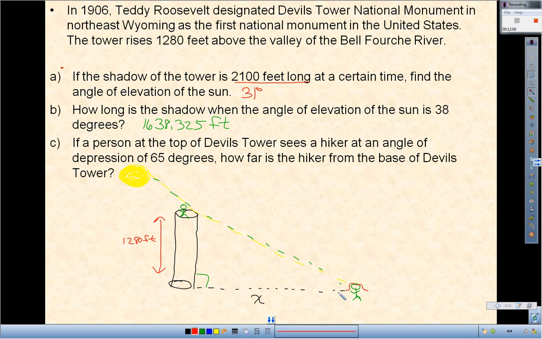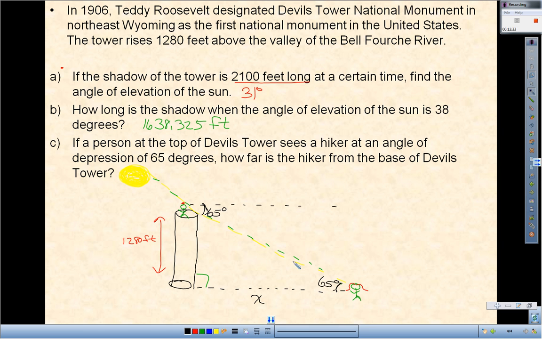All right, hiker down here. He wants to know how far the hiker is from the base of Devil's Tower. Now, of course, this is x, what I want to find, but it doesn't say the angle of elevation. It says the angle of depression to that person is 65 degrees. Well, one thing you should remember is that the angle of depression is equal to the angle of elevation. So this is also 65 degrees.